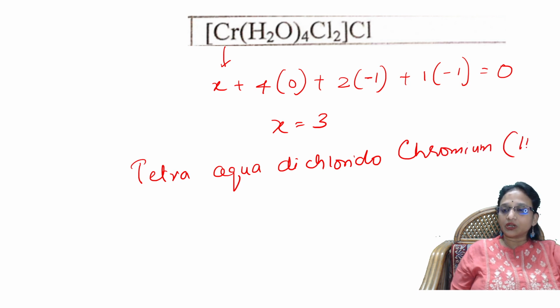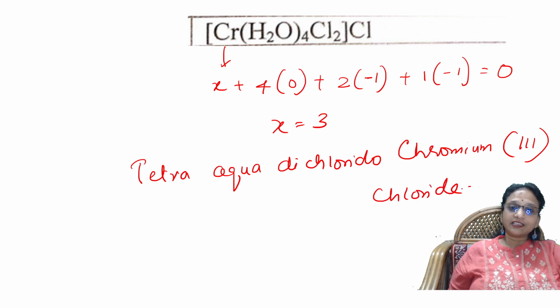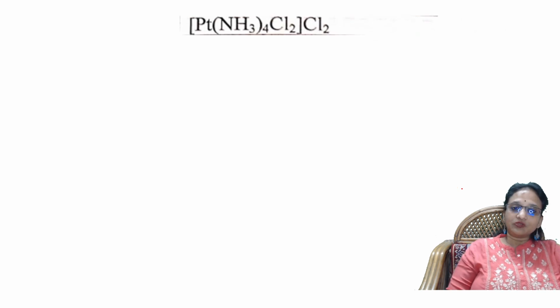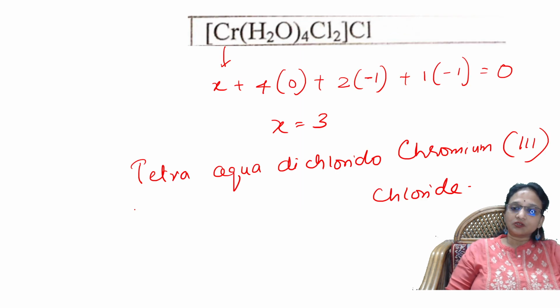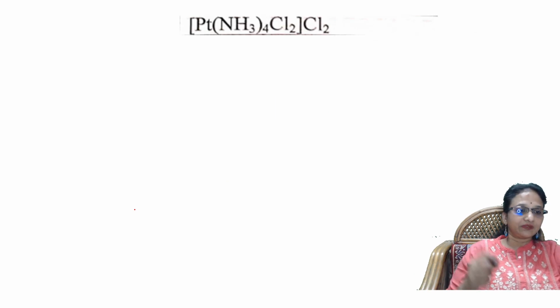Then write the Roman number. Then chloride is outside. So it is tetraaquadichloridochromium 3 chloride. Easy, students? Easy. That's right. One more example we will see.